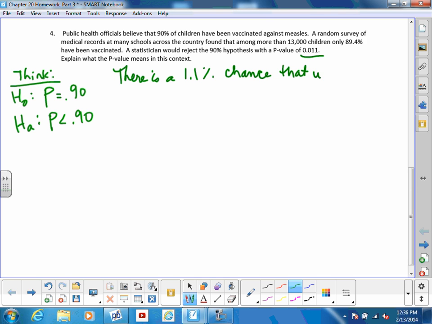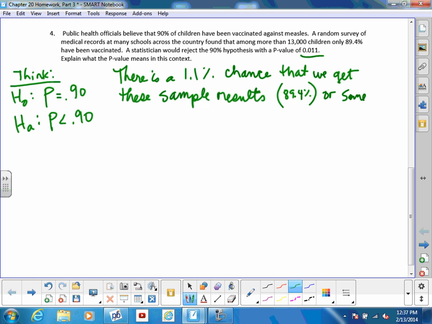Okay, that we get these sample results. Yeah, you know, if you want to, it's not required, but it defines for us what those sample results are. So if you had put in this, because that's the sample results they got, you're good. That we got that, or something more extreme.